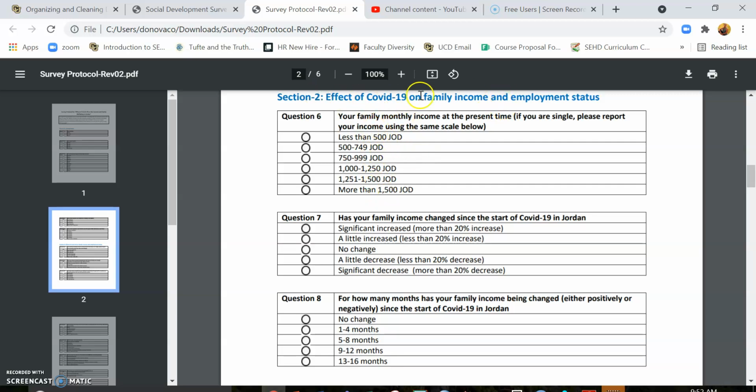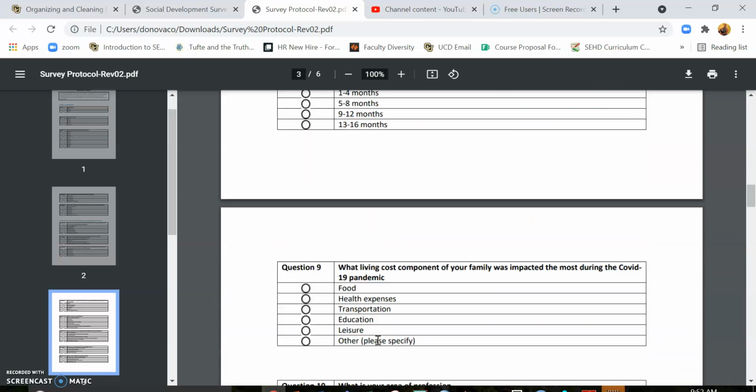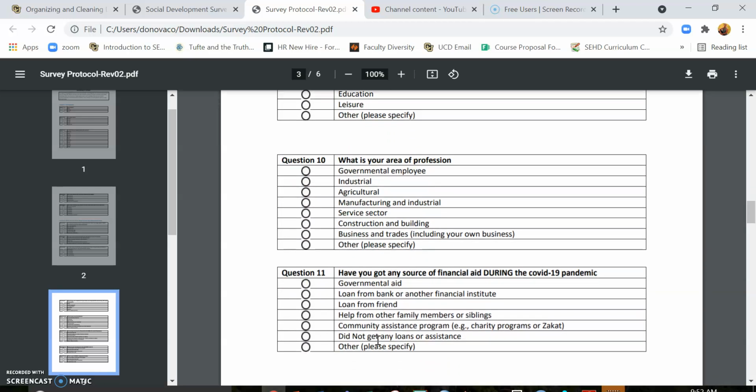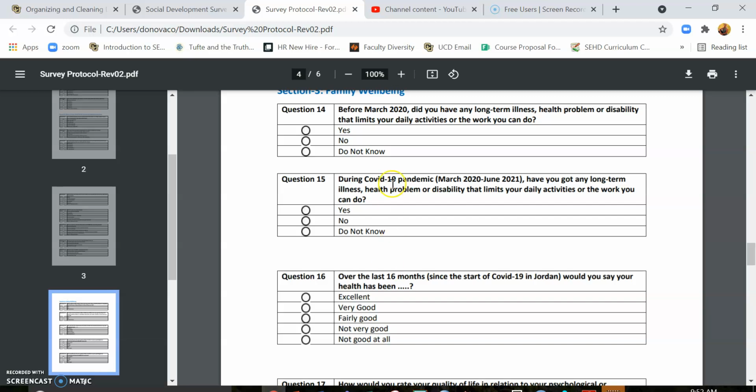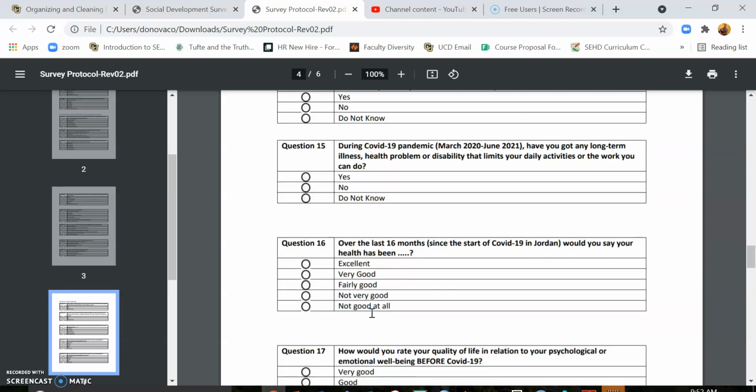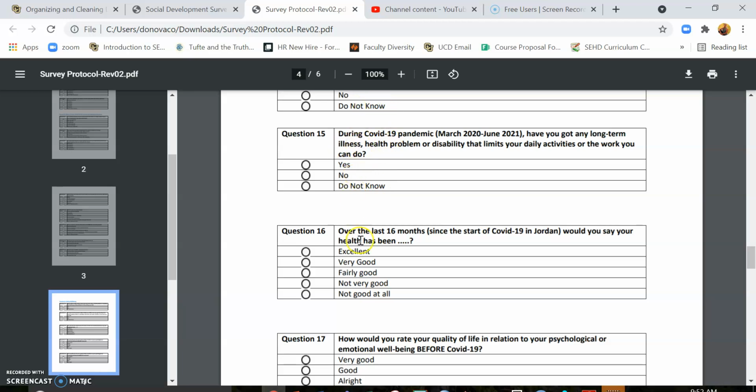They're about the same idea, but they're all different scales. And so we don't want to put all of these together. And again, these are categories right in here. So when we get into family well-being, we still have different categories. So we could not put these items in with these items.